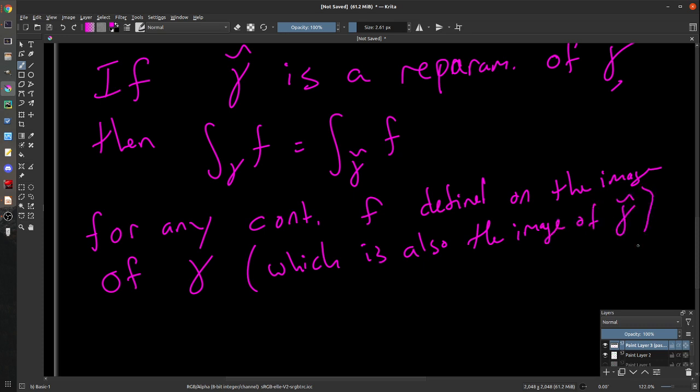They're just traversed at different speeds. Okay. No fancy business there. Just moving it about. All right. Easy, easy, easy.